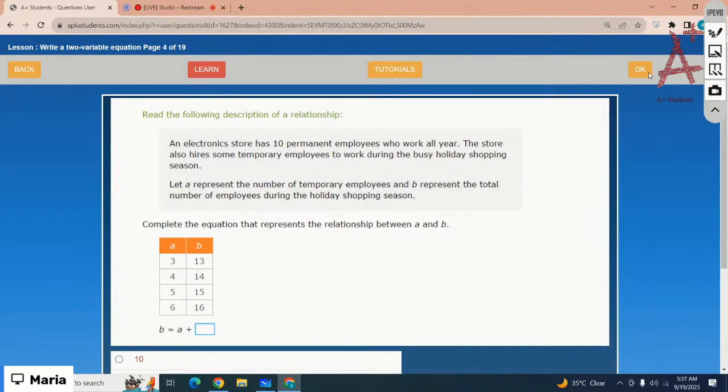Yes, you have to add 10 every time. So the correct option is 10. It is B equals A plus 10.